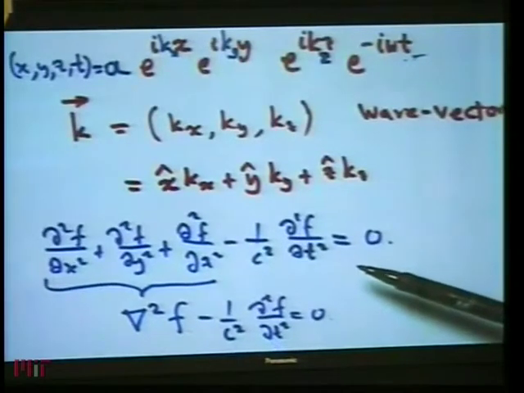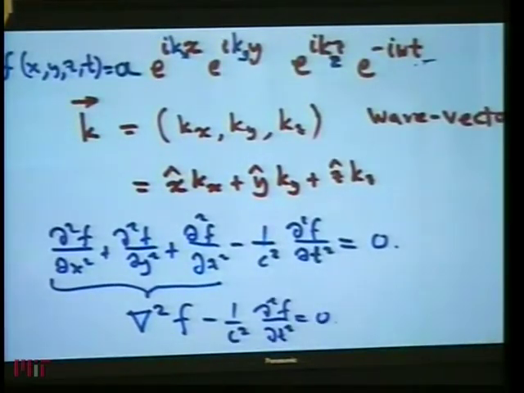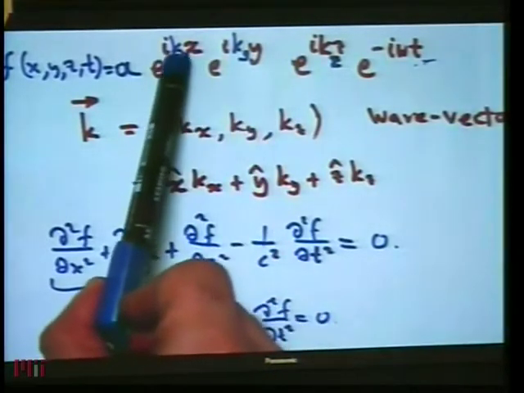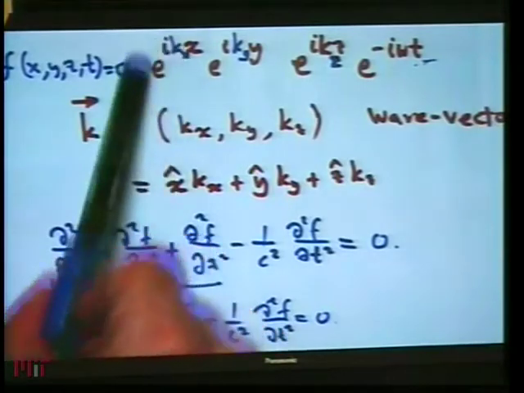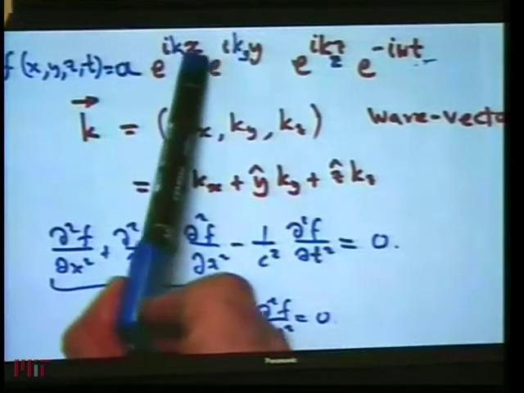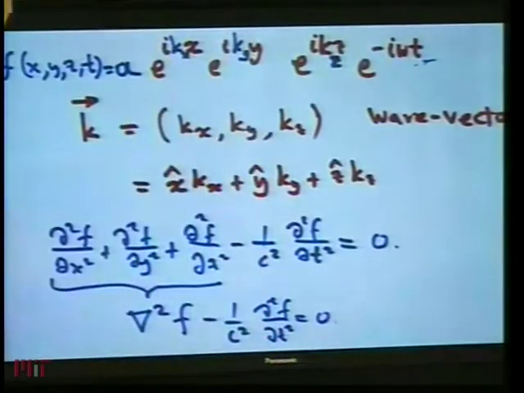Okay, almost by inspection we can see what's going to happen. We have an exponential, right? And if I take the first derivative with respect to x, it will multiply by i kx. If I take the second x derivative, it will bring out another i kx.